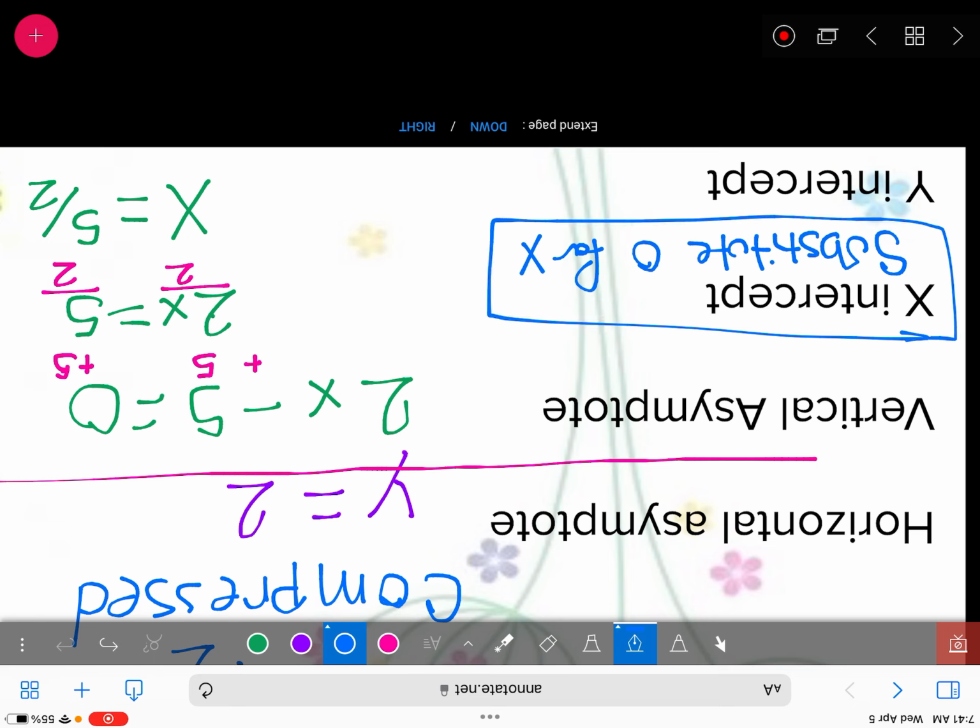But we're not going to do that right now. If you're looking for another point to graph, it's a great way to get some data. For the y-intercept, you substitute for x. For the x-intercept, you substitute for y.